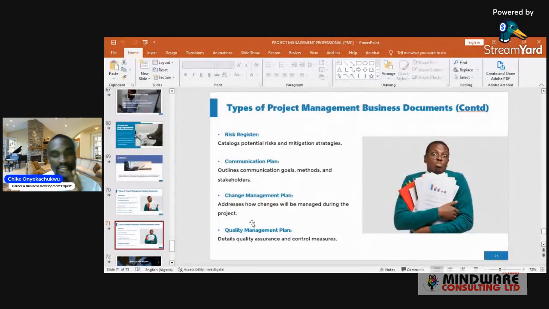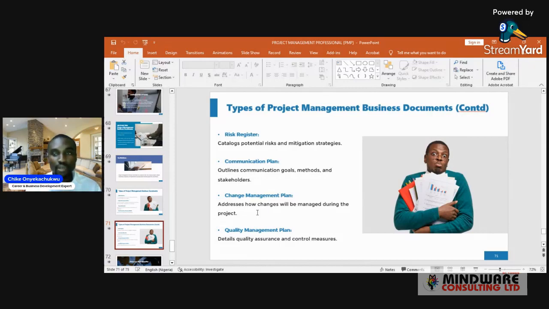Change management plan is the next one. This addresses how changes will be managed during the project. So I mentioned before, during the life cycle of the project, change is the only constant thing, right? In project management, you need to envisage the changes that are coming, changes in prices, which are going to affect your contracts one way or the other, right?